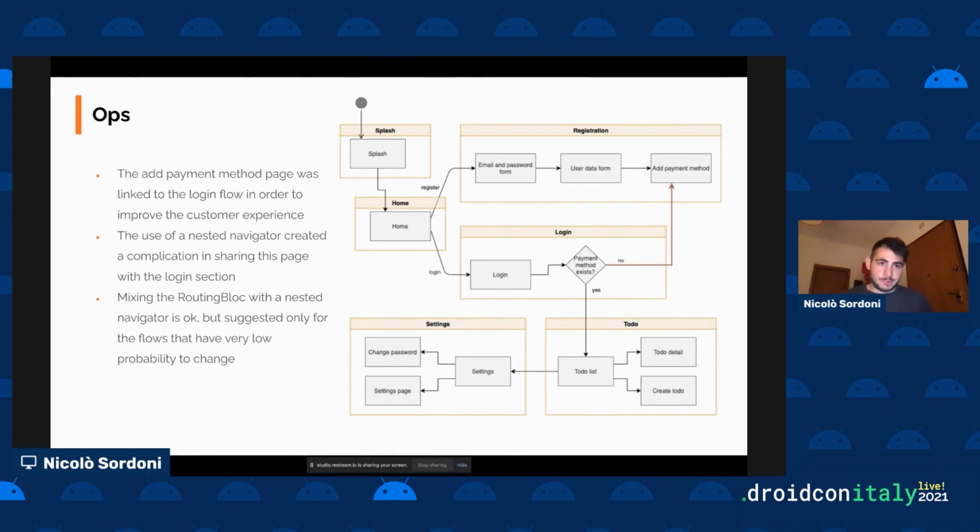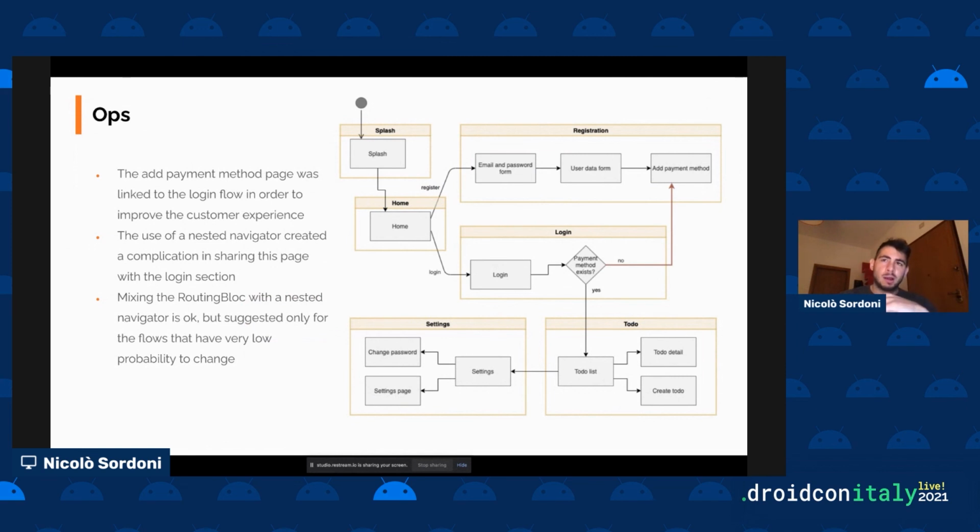We ended up removing all the updates that we did, removing the nested registration section. But I don't want you to think that it's bad to use a nested navigator. We didn't consider the cases enough.